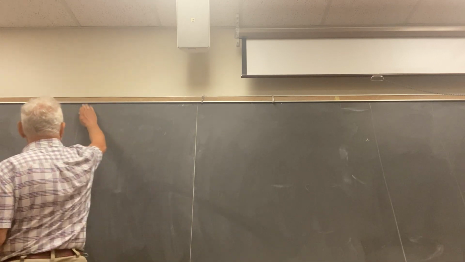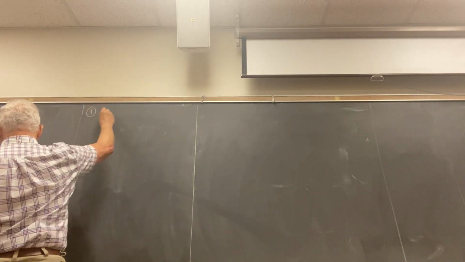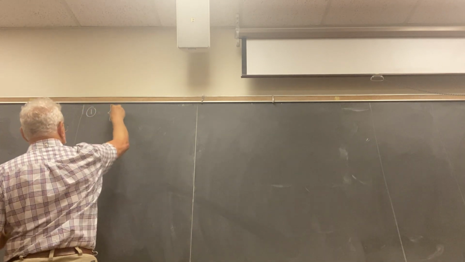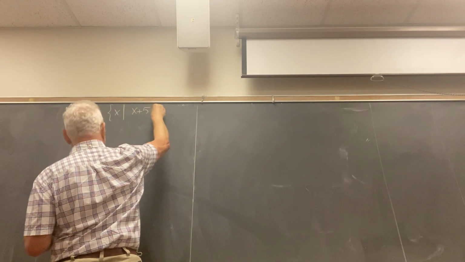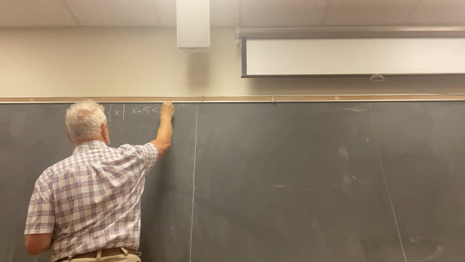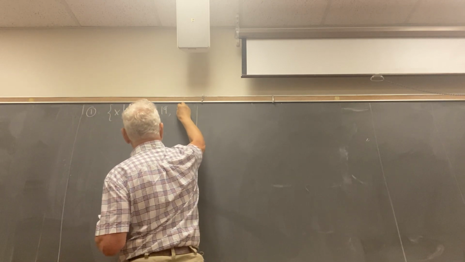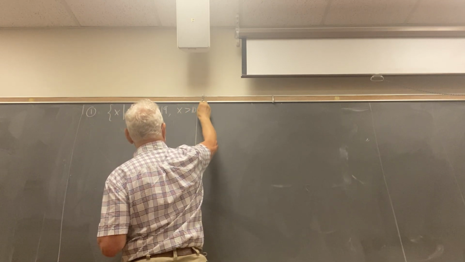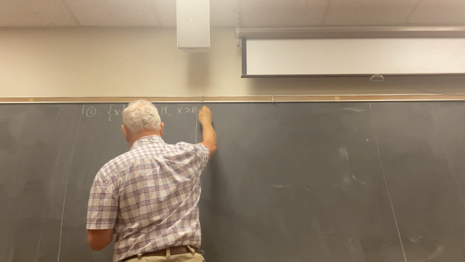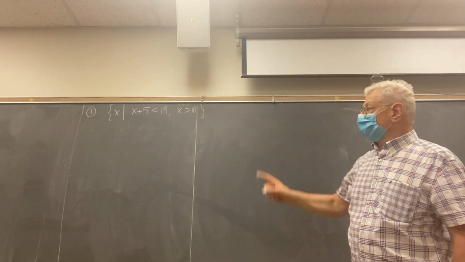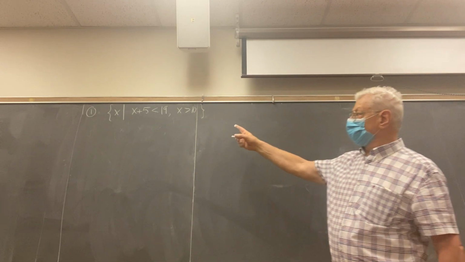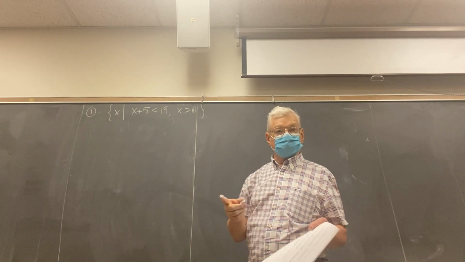So first, all x's such that x plus 5 less than 19, comma, x greater than 10. What is that? When I write inequalities, it means x is a number.